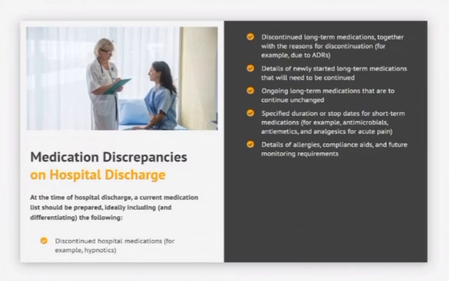Details of newly started long-term medications that will need to be continued. Ongoing long-term medications that are to continue unchanged. Specified duration or stop dates for short-term medications, for example, antimicrobials, antiemetics, and analgesics for acute pain. Details of allergies, compliance aids, and future monitoring requirements.